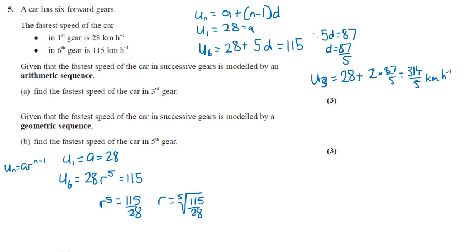And then we want to actually find u5. So we've got 28, so that's a times the 5th root of 115 over 28 to the power of 4, n minus 1, 4. And if you put all that together, you get about 86.7 kilometers per hour.